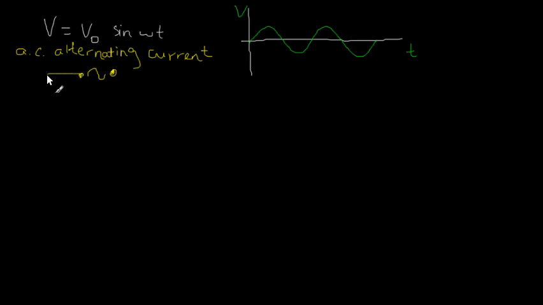And I want to draw a circuit that shows that it's connected to a light bulb. Okay, so this is my light bulb. I'll think of this as a filament lamp. So there is a filament inside with high resistance, so that when a current goes through this light bulb, the filament gets hot and it lights up.